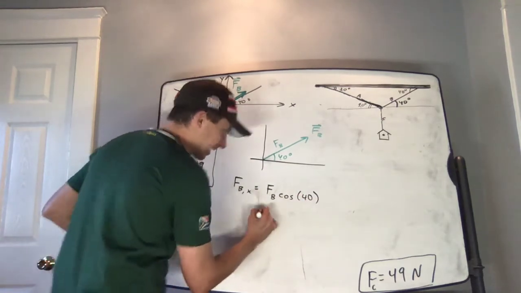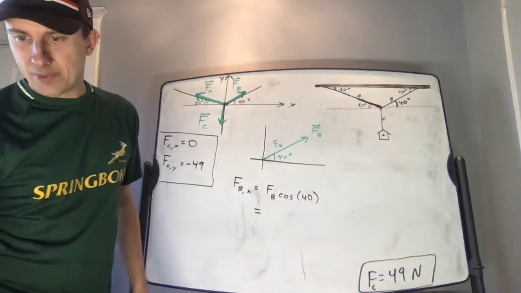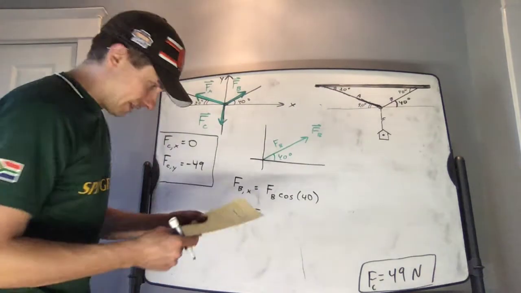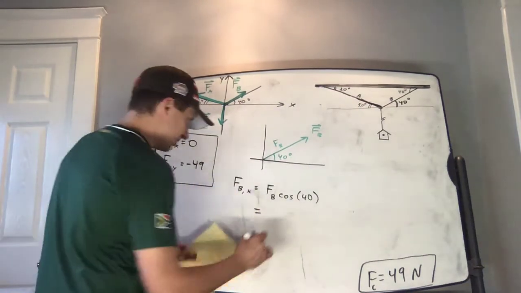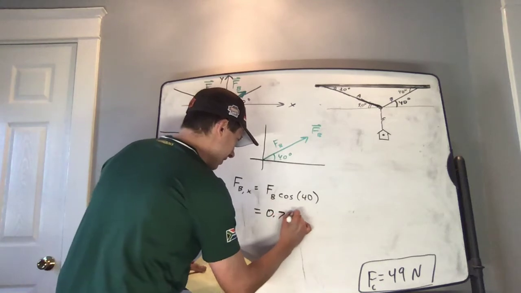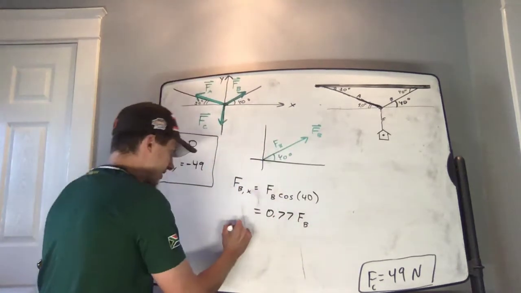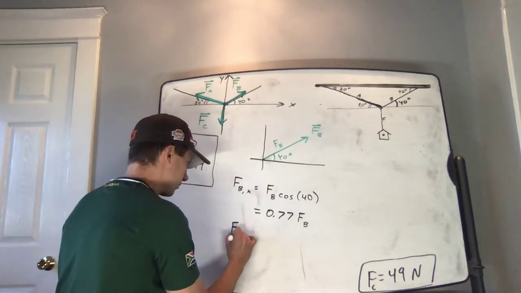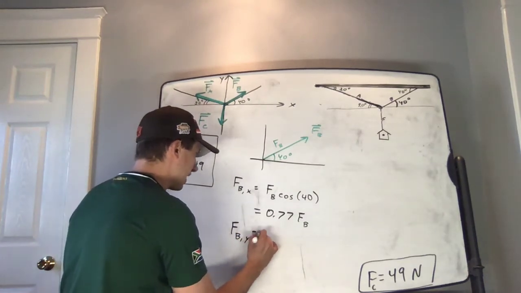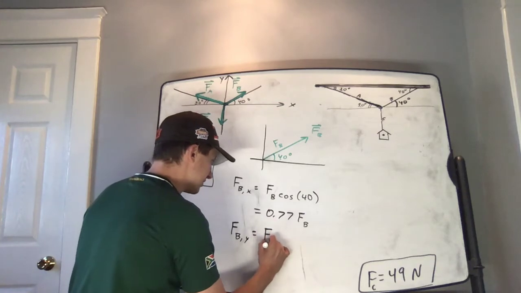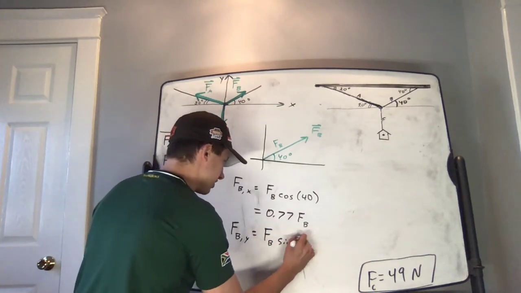And if I put that in a calculator, I will get FB cosine 40 is equal to 0.77 FB. And I could say FB in the Y direction, FB comma Y, is FB sine 40.